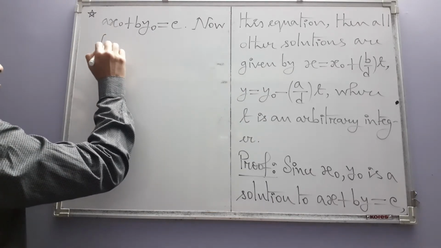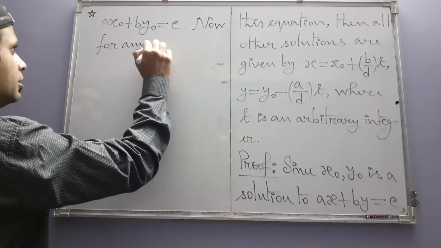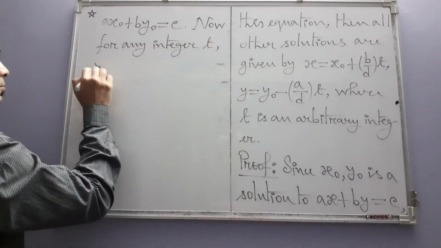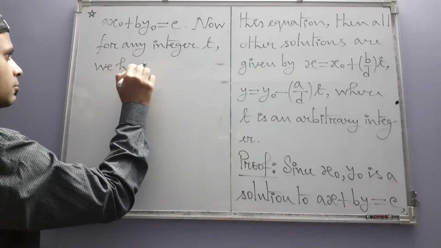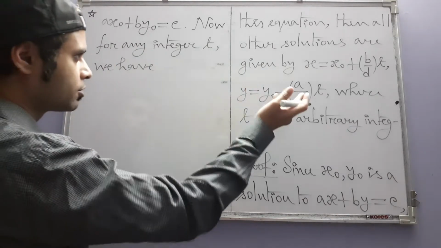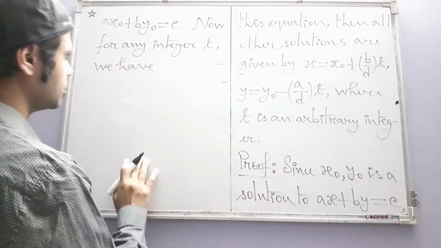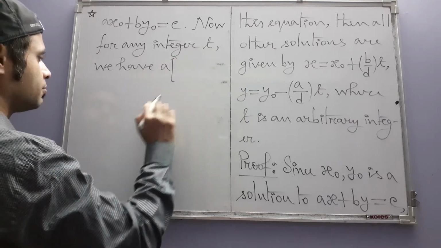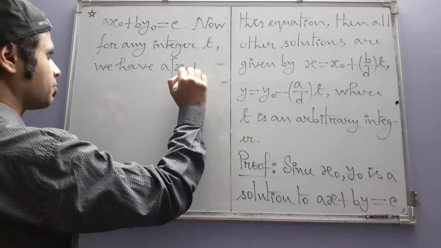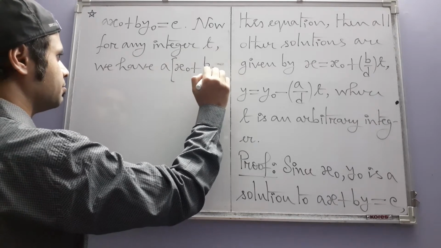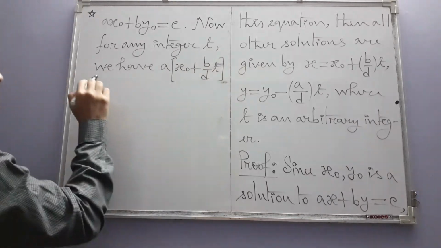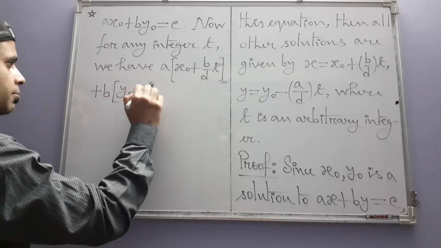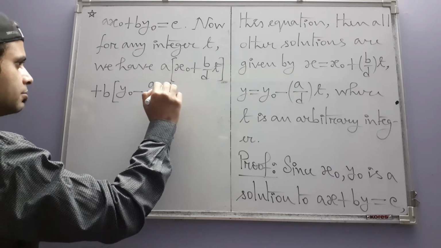So for any integer t, we are just directly going to substitute these expressions in our equation. a times x0 plus b divided by d times t, plus b times y0 minus a divided by d times t.